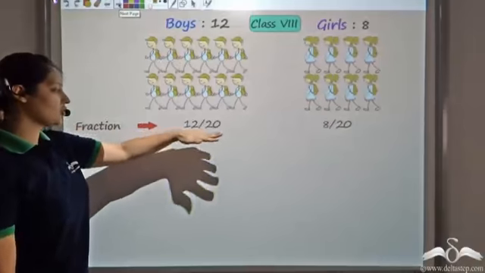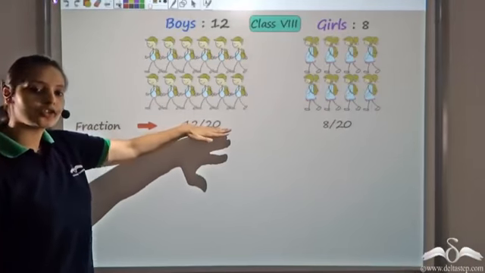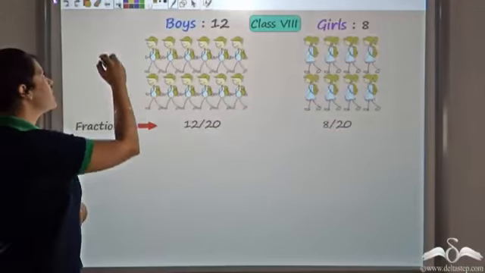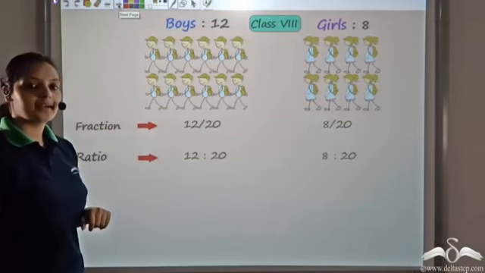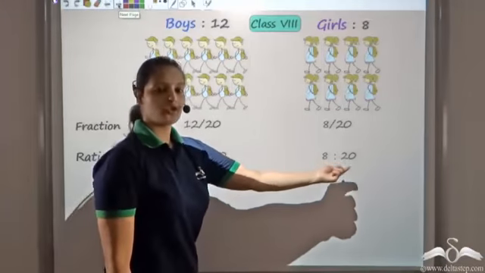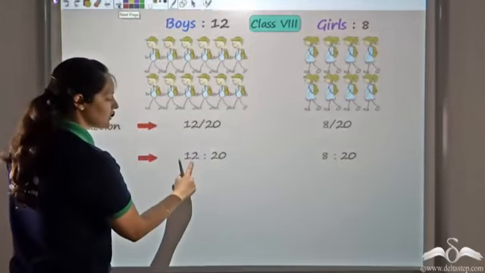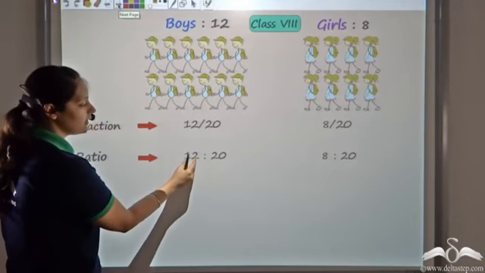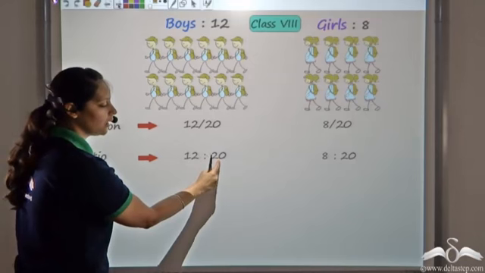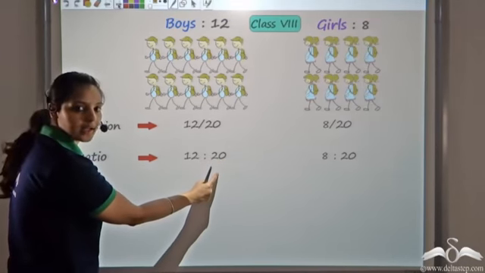Now these fractions are nothing but division of two numbers, which we know can be expressed as a ratio also. So by ratio, I can write it as 12:20 and 8:20. What is this representing? This tells me the number of boys, which is 12:20. 20 is the total number of students in class 8th.